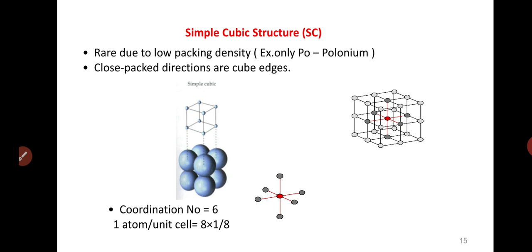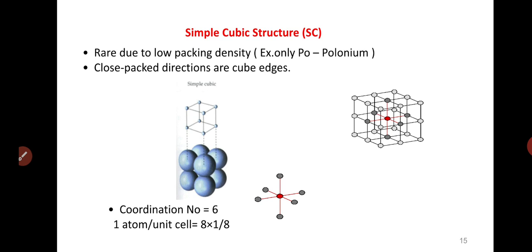Also, how many atoms per unit cell, that can be calculated like this. Since at the corner there are 8 atoms, but only 1/8 part of the atom is in the given unit cell.